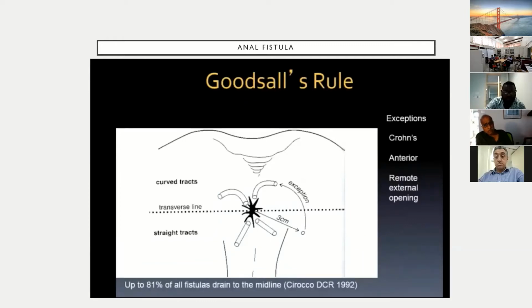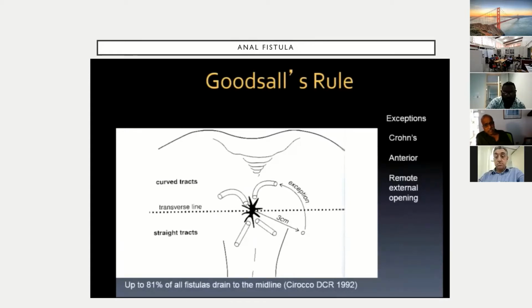We're coming back to fistula, anal fistula. This is Goodsall's rule. If you imagine a transverse horizontal line on the perineum across the anal canal, if the fistula is anterior, it's always a direct entry into the anal canal.